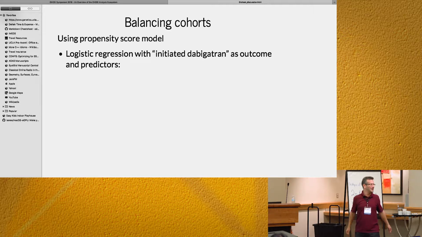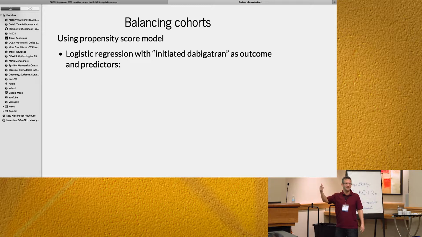Does it matter which one you pick? No, right? It's a generalized linear model, so there's symmetry. Our convention in OHDSI is the probability of being treated with the target drug. Purely a convention. What predictors went into this?